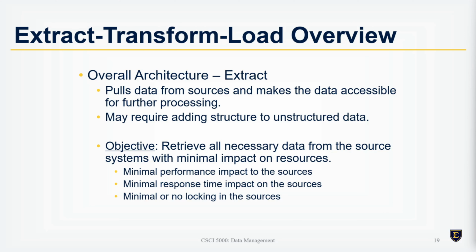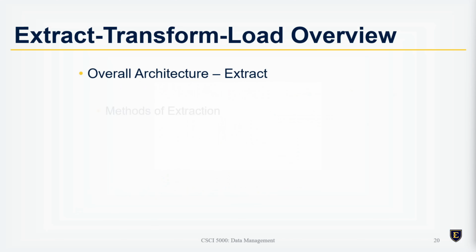So minimal performance impact on the sources, minimal performance or time impact on those sources, and minimal or no locking in those sources. All of those things could happen, but we want to try to minimize that as much as we possibly can.